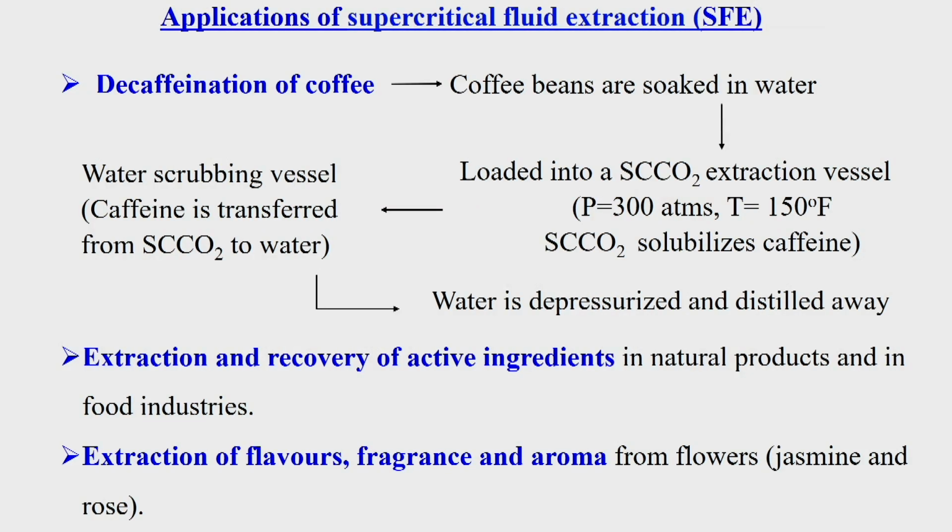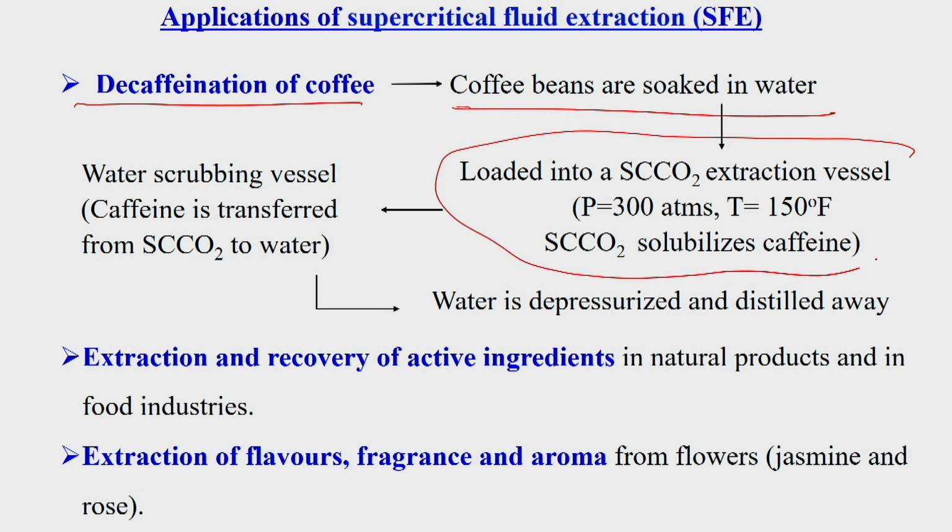Now, we will give some examples, or applications, of supercritical fluid extraction. Mostly these are used in food industries, like decaffeination of coffee. Suppose coffee beans are soaked in water, then loaded in a supercritical fluid extraction vessel at 300 atmosphere pressure and 150 degree Fahrenheit temperature.